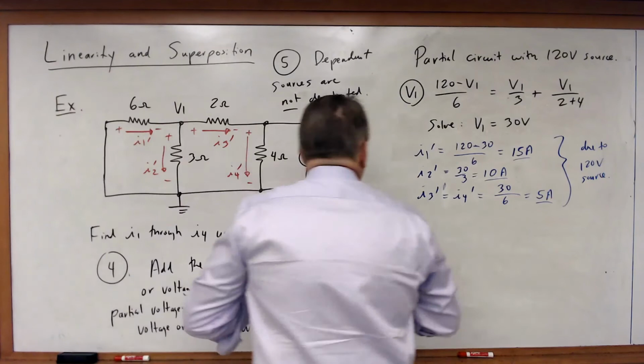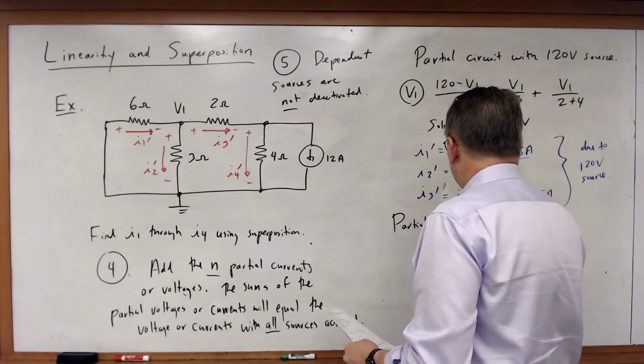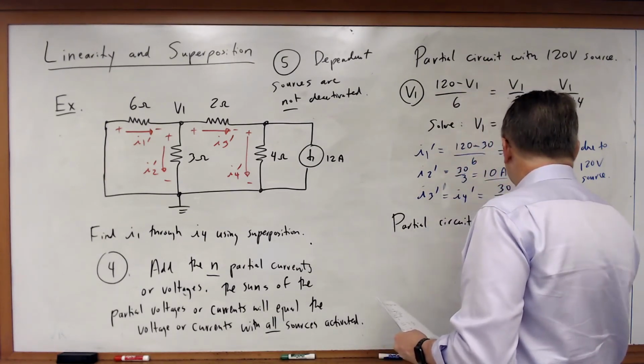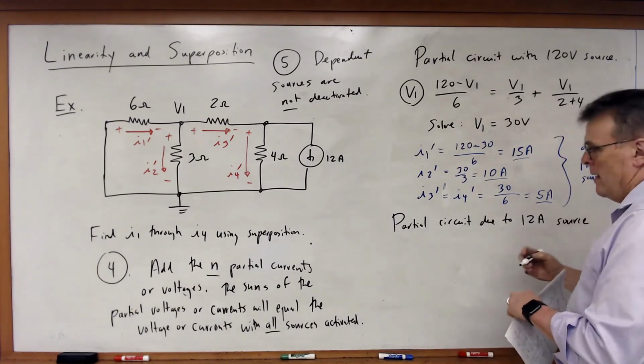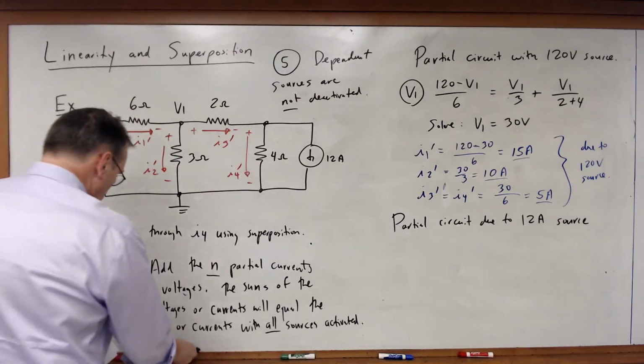Okay? So now I need my partial circuit due to the 12 amp source. And once again, I'm just going to use nodal analysis. I'm going to stick with that.